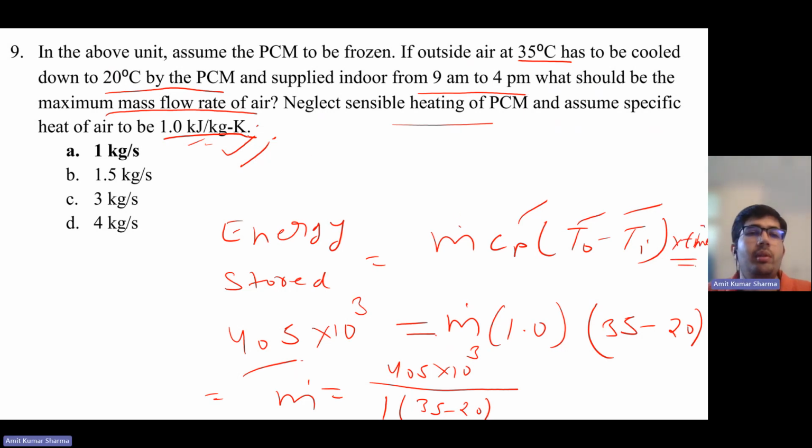Because we have been given the time, 9 a.m. to 4 p.m., it will be 7 hours, and we count it in seconds, so multiply 7 into 3600. After solving, you will get 1.071 kg per second, and the nearest option is option A.